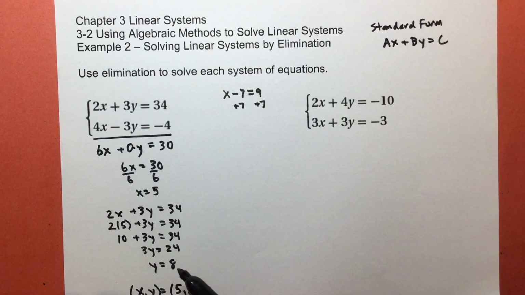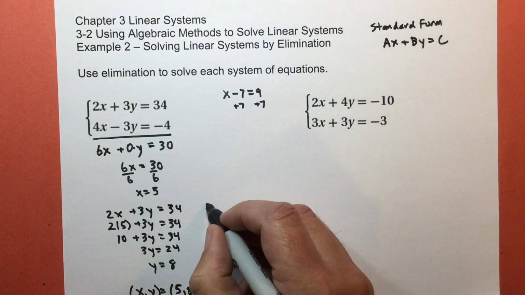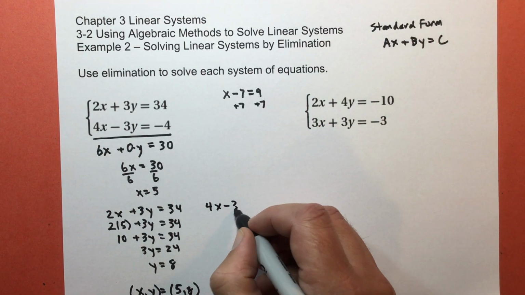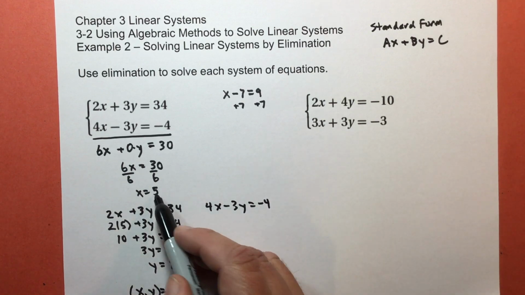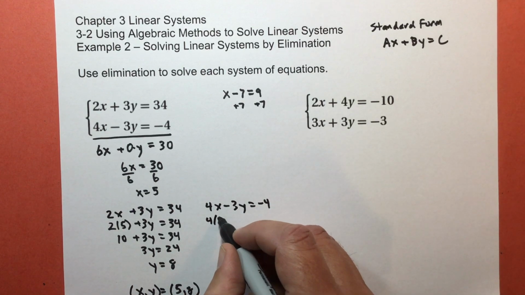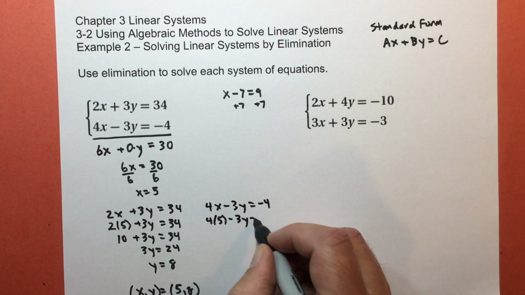Now, I can check my solution for y by also trying the other one. So I'll do 4x subtract 3y equals negative 4. So my x is still 5. 4 times 5, subtract 3y equals negative 4.